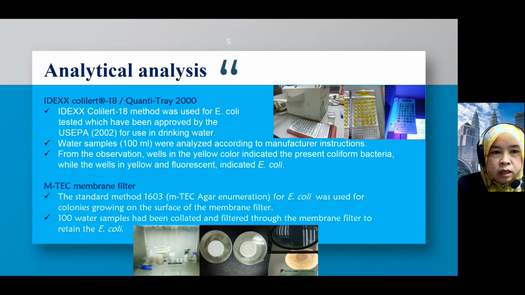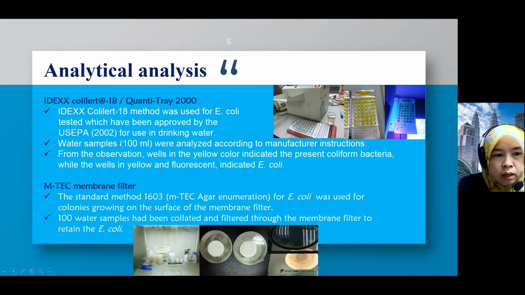For the analytical analysis, in this study I'm using the IDEXX Colilert-18 method for E. coli tests, which has been approved by the US EPA 2002 for use in drinking water.